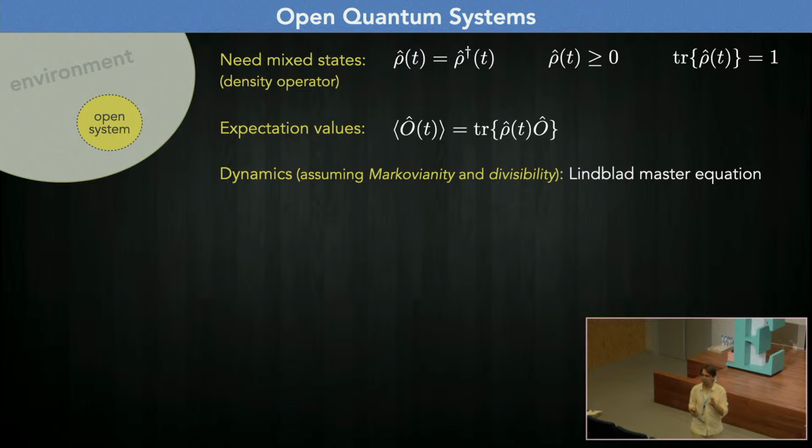And divisible, maybe it's something that you don't remember, but you know it very well. Divisibility is something extremely simple. It's just that the map that gives you the evolution from time t1 to t2 is the same as the map going from t1 to an intermediate time and then from there to the final time. That we call divisibility. So you can always take the evolution, and instead of directly going from one time to another, you go in steps to the next one.